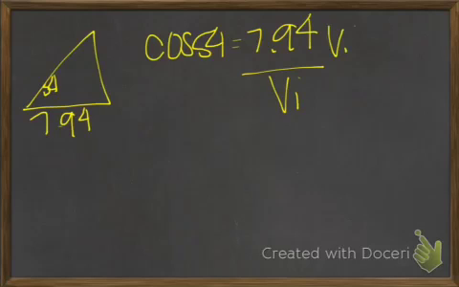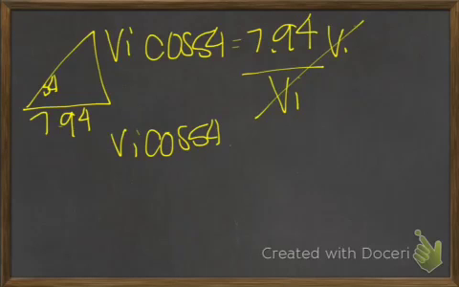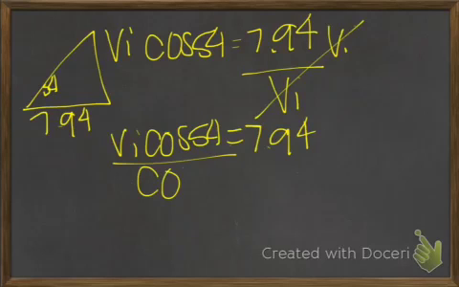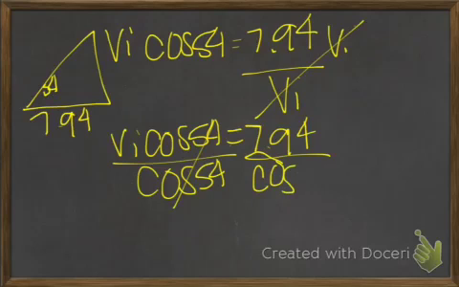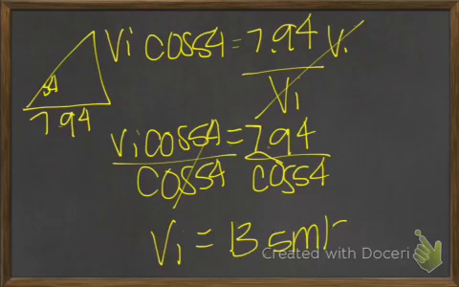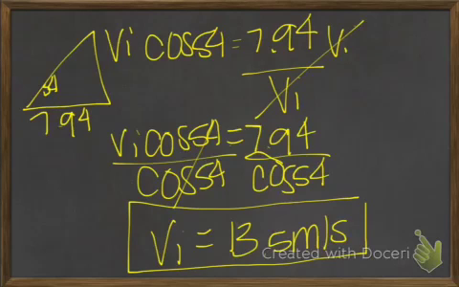Multiply each side by initial velocity, and then I have initial velocity times the cosine of 54 equals 7.94. Divide both sides by cosine of 54, and I get the initial velocity equals 13.5 meters per second, and they give everything to us in 3 significant figures, so that's what we're going to use.